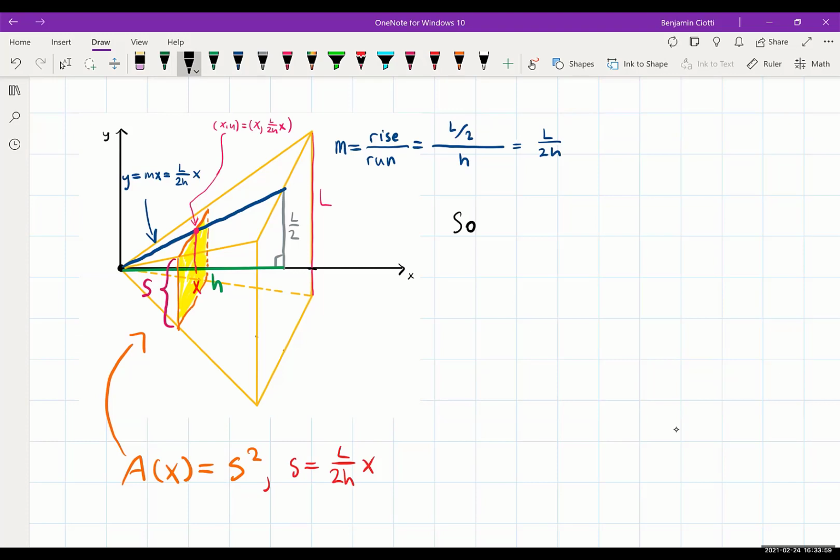Right? So, Professor, wouldn't it be S equals 2 times L x over 2h? Oh, 2 times that. Thank you. Yes.